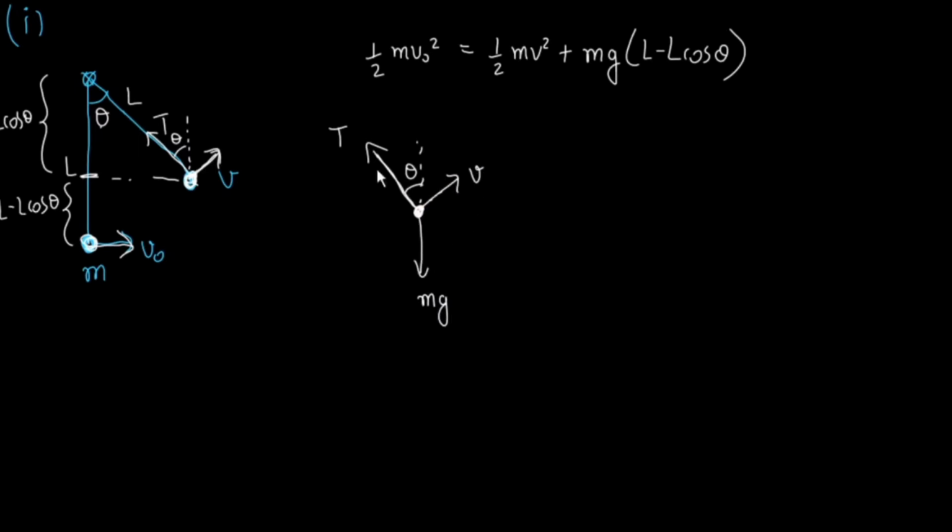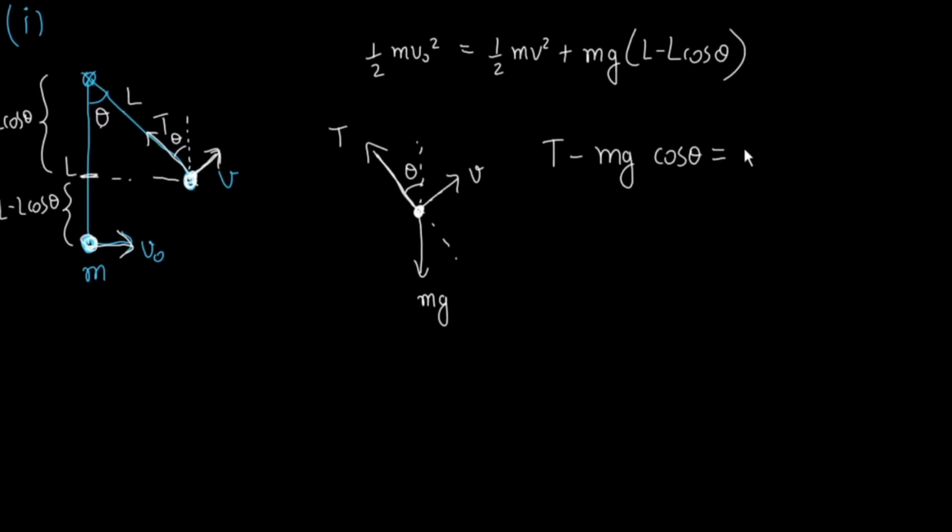Because of this speed, there must be some centripetal acceleration because the direction of the velocity is constantly changing. So the centripetal acceleration will be in the radial direction, and that is given by T minus mg cos theta.